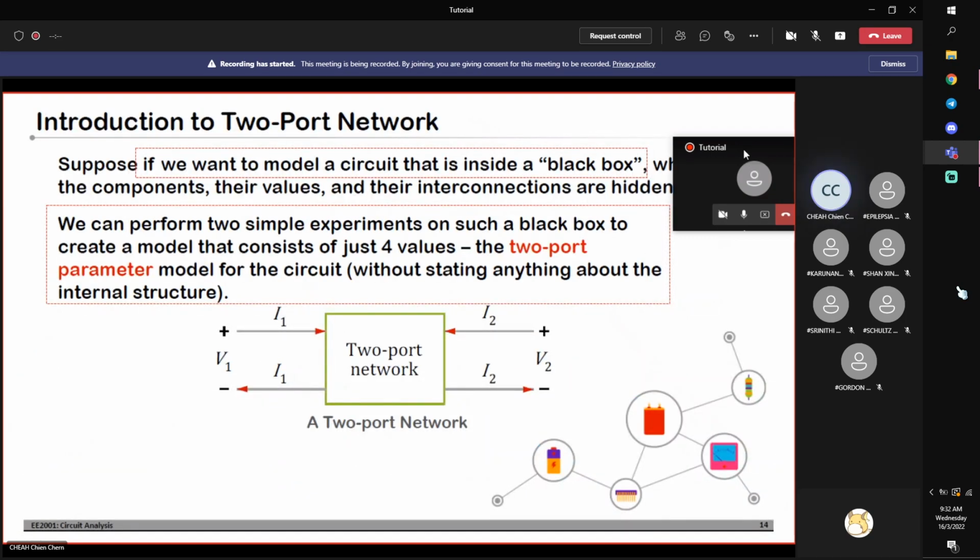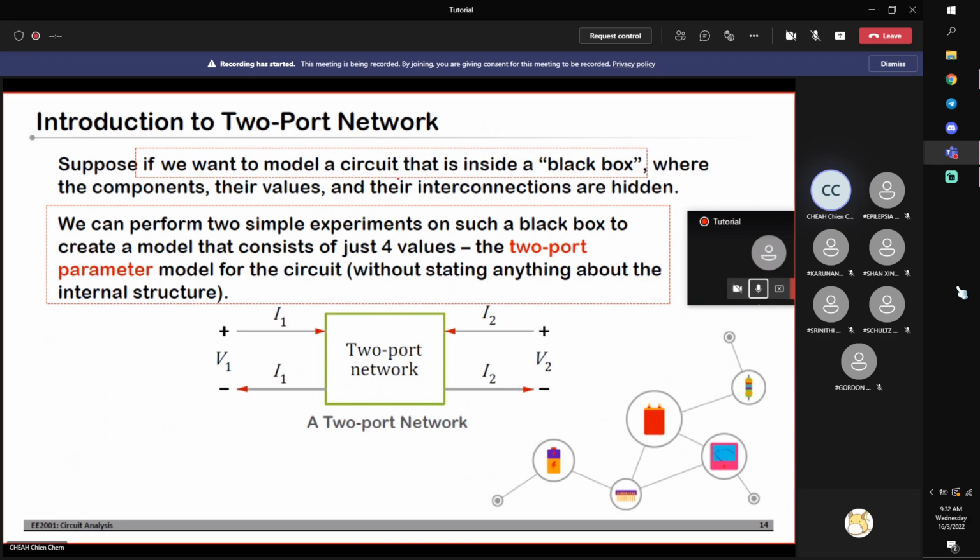Now, basically, two-port networks are good for modeling a circuit which is a black box. This is what all of you will be doing in L2001B, the lab. In the lab, you'll be given circuits, and we don't even need to know the design of the circuits. We're still able to model them as a two-port network.